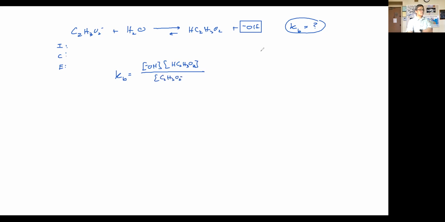So that's the law of mass action for this equilibrium here, and hopefully you make sure you see that.